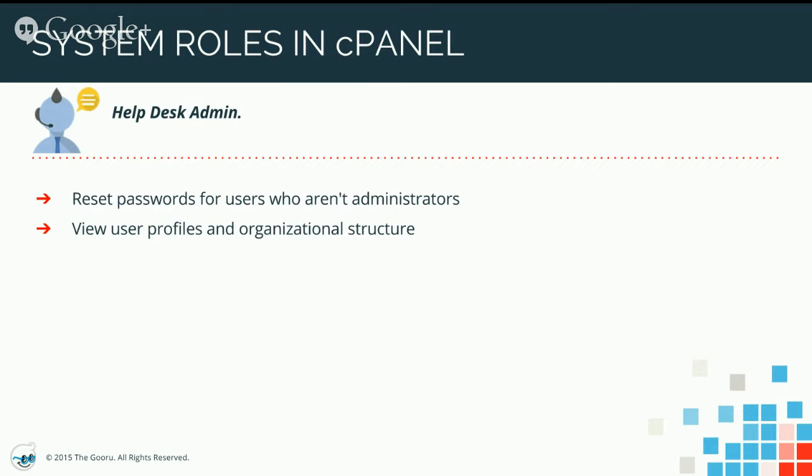The most basic built-in system role is the help desk admin. And this is a useful first group of permissions to give a new support starter as part of their onboarding process. So with this account, they can just reset passwords and view the profile information. Now, this is very useful potentially if you have a remote office, depending on the size of your organization.